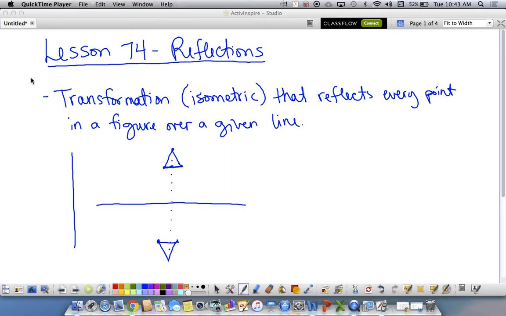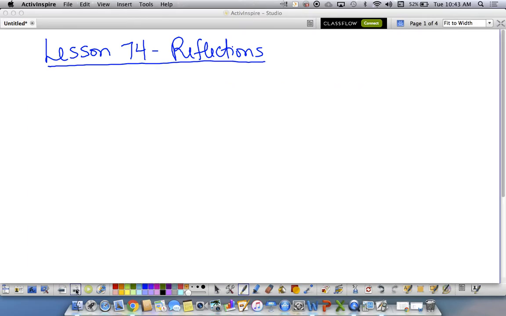We won't ever reflect circles, but it would simply be the distance across the line. Okay, those are reflections. We also have mapping notation, which we will talk about shortly. It's not as clear as the translations. Sometimes you have to figure out what the mapping notation will be, and we'll talk about that as well.